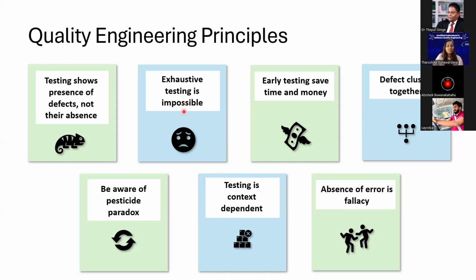Okay. Exhaustive testing means we cannot test each and every combination. As an example, let's say we need to validate an input field that takes age. There are different numbers we can enter, maybe 5, 10, 50, 75, 30.